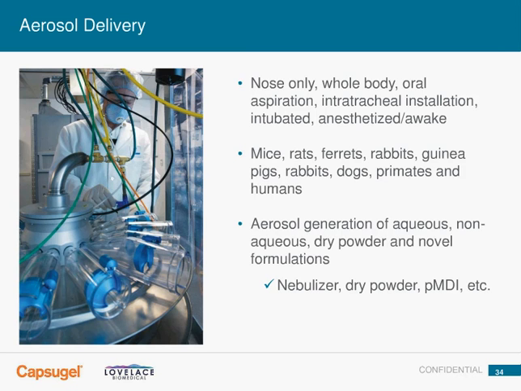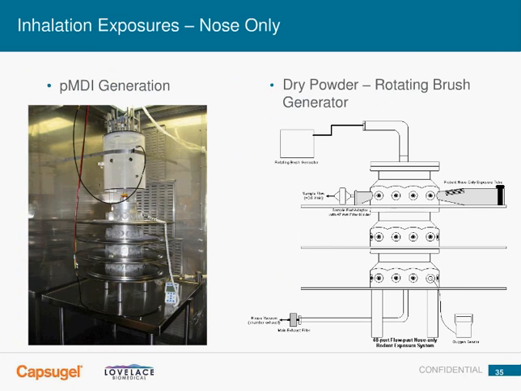What I've shown here is a very standard system on the left-hand picture of just a rodent nose-only system that's very common, and I'll actually use that type of exposure as one of the examples that I'll show as we go through some of the case studies. Here are some other very similar systems that have been adapted for either a meter-dose inhaler or for a dry powder generation to a non-clinical nose-only rodent system.